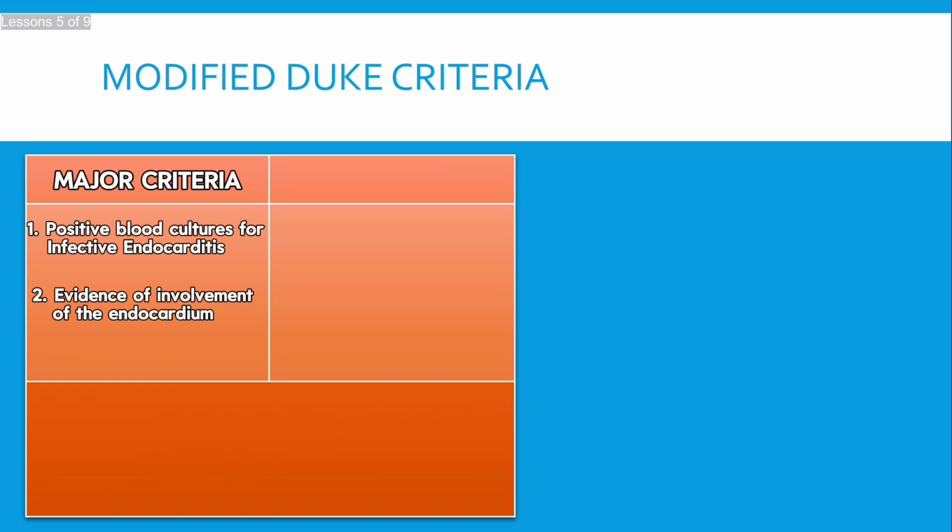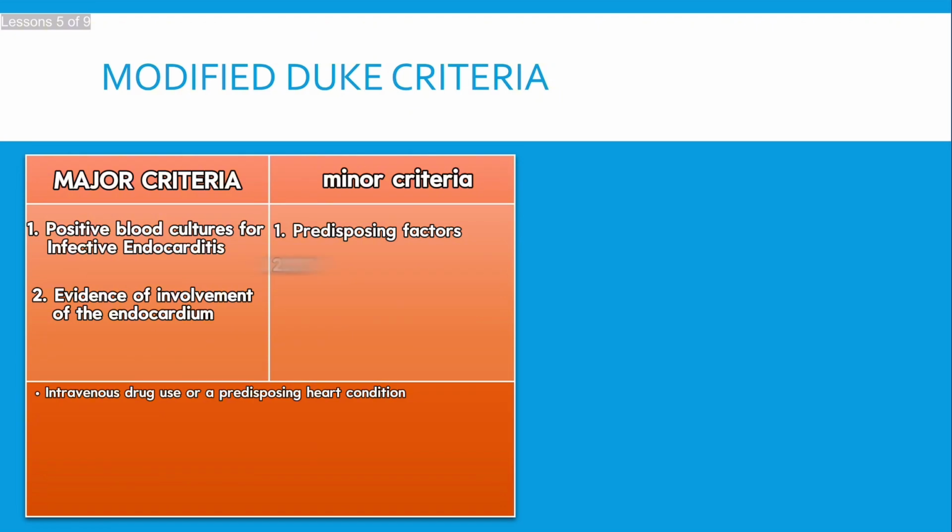In addition to the major criteria, there are 5 minor criteria for infective endocarditis. Number 1, a predisposing factor, such as intravenous drug use or an existing heart condition. Number 2, a fever above 38 degrees Celsius.